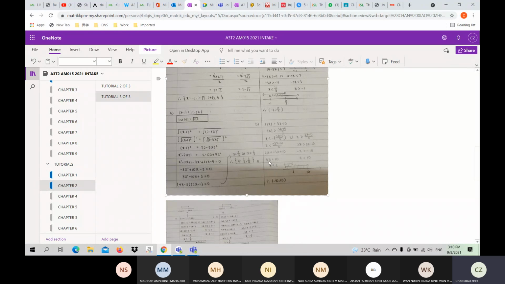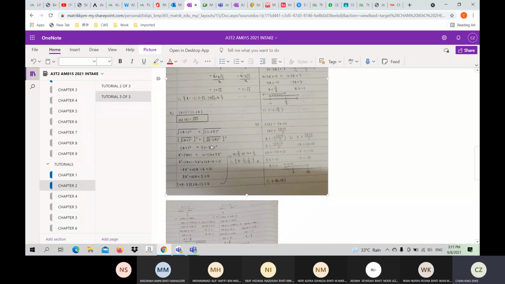So it will become 5x smaller than 10, x smaller than 2. For the other one, positive 3x move to left hand side akan jadi negative 3x. 2x minus 3x akan jadi negative x greater than negative 10. So x will smaller than 10.